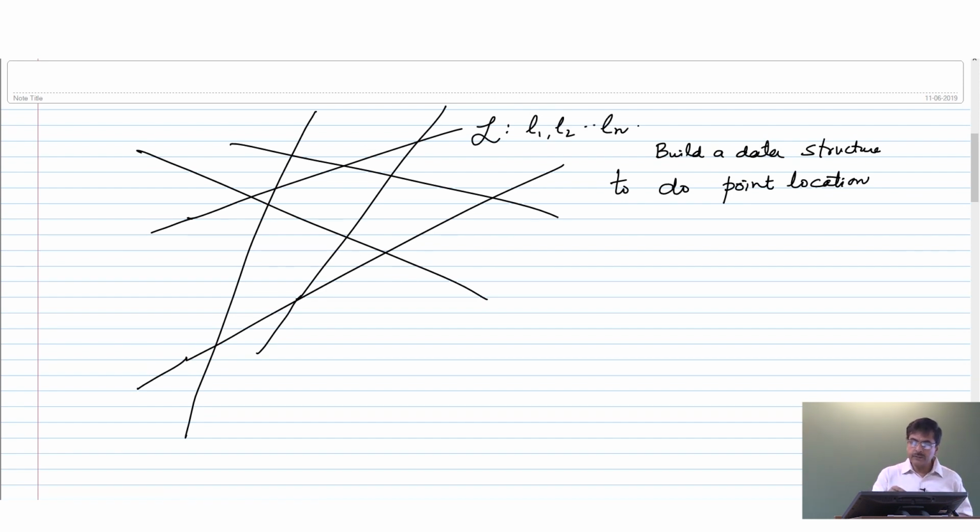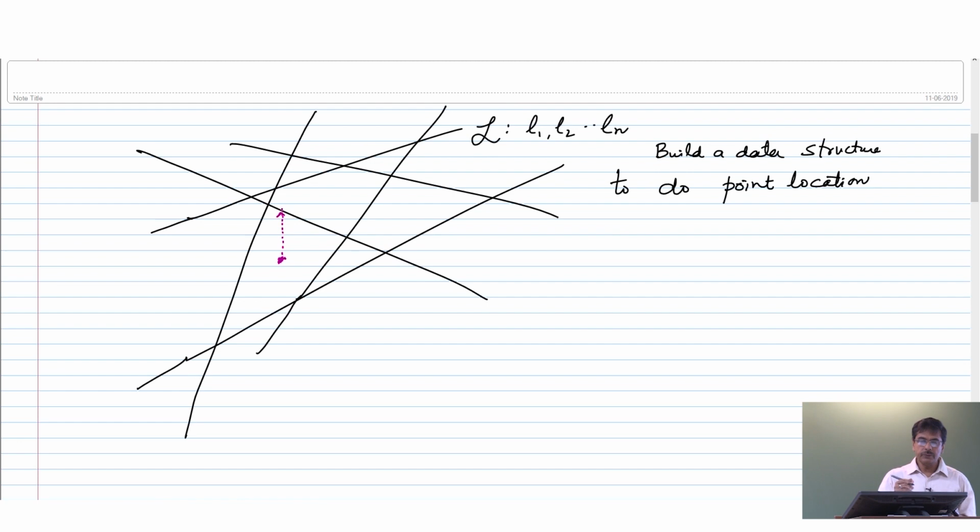And I want to build the data structure on L such that given any query point, let us say here, I want to report which line lies directly above this. It is like I shoot a vertical ray, and whichever line it hits, that is the answer to this query.